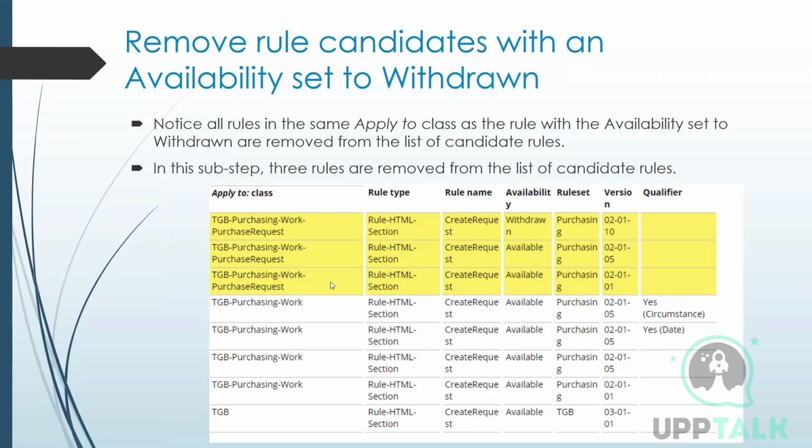So the rest, so far, are discarded if they satisfy the criteria. But with the withdrawn rule, it has some additional capability: it will also take away any other rules that match with the withdrawn rule. The step before this is going to be your sorting.